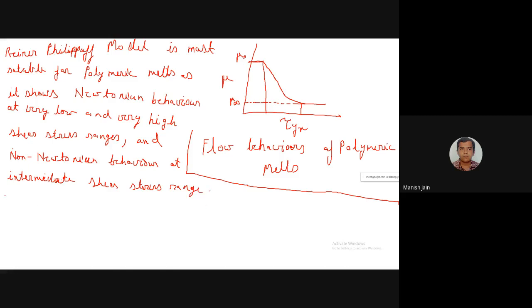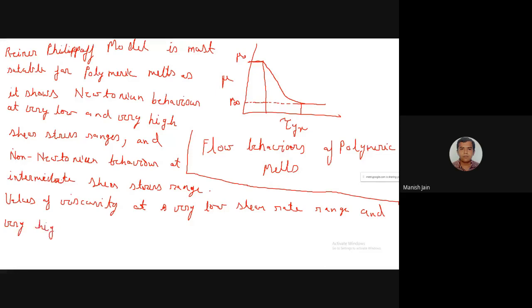Plus, the values of viscosity at the low shear rate range and the high shear rate range, at very low shear rate range and very high shear rate range, are different.